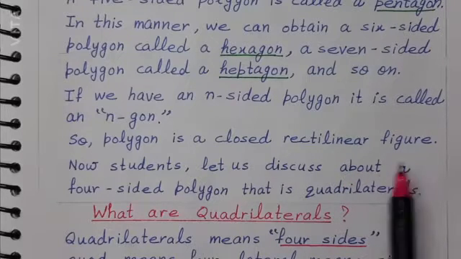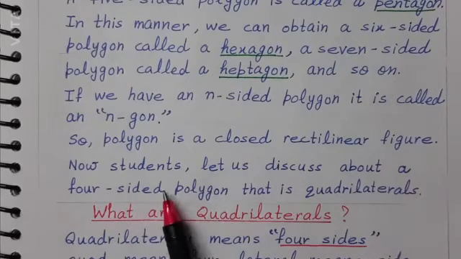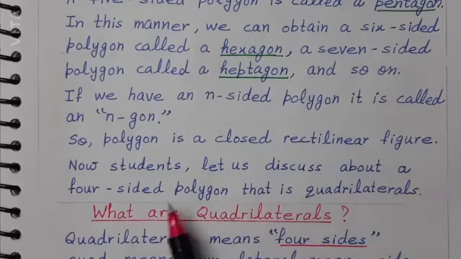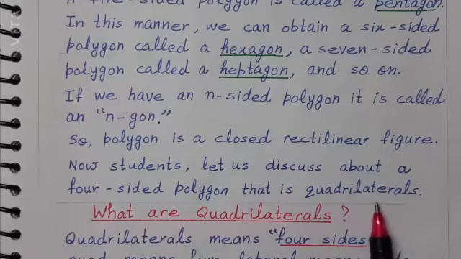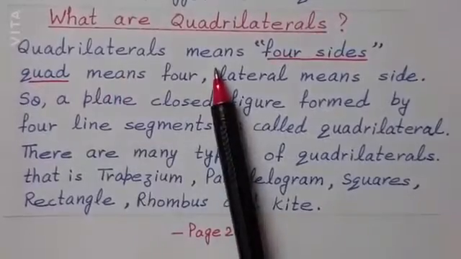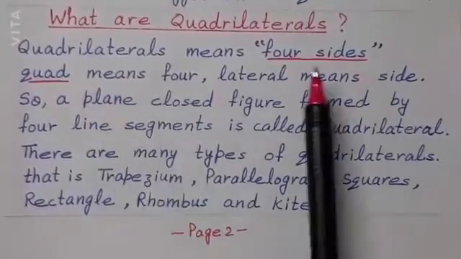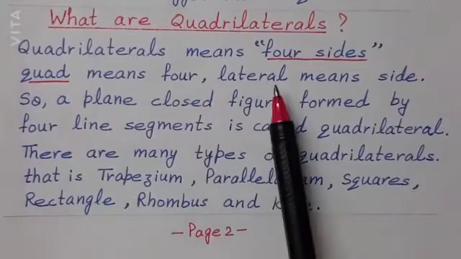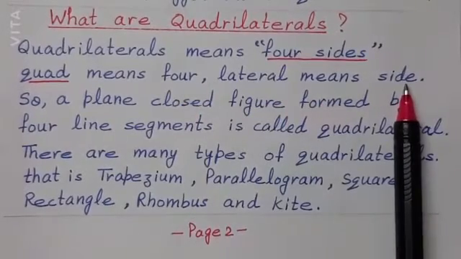Now students, let us discuss a 4-sided polygon, that is, quadrilaterals. So what are quadrilaterals? Quadrilateral means 4-sided, that is, quad means 4 and lateral means side.